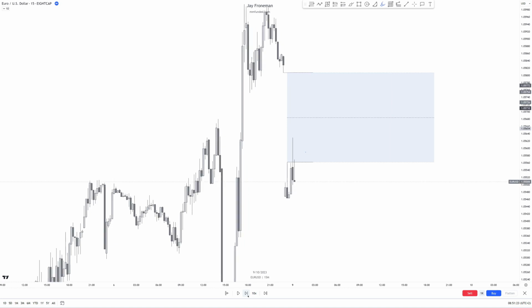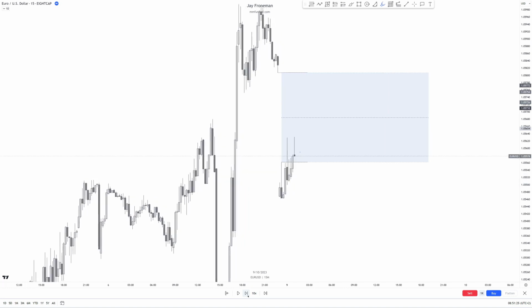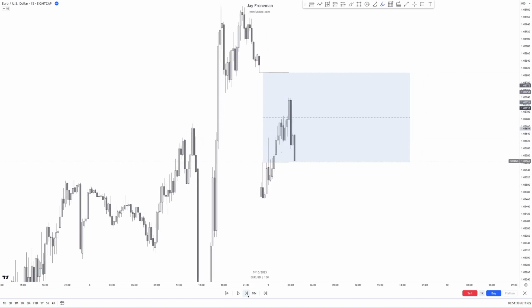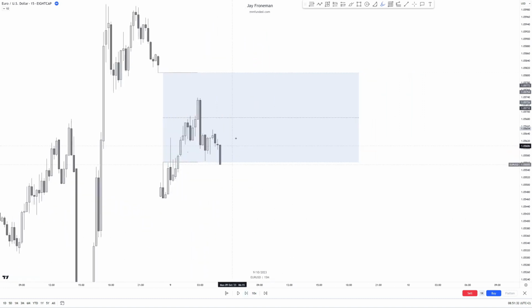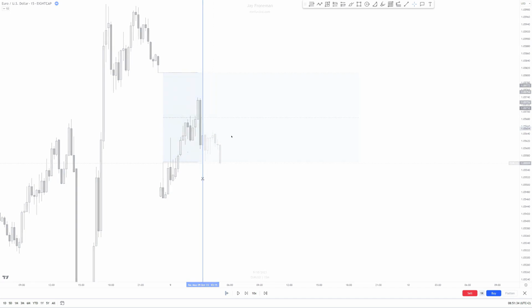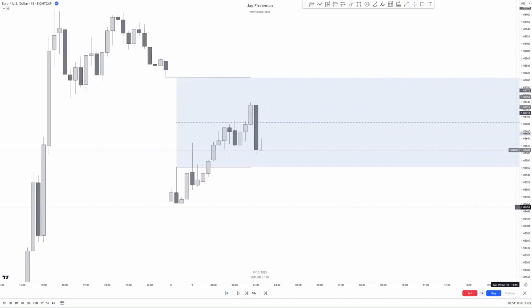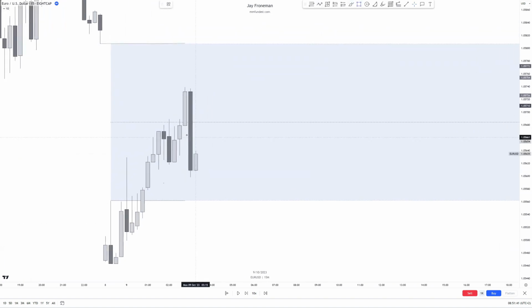All right, price pulling back, busy filling that volume imbalance gap, also mitigated the 50%. And take note of how after we've mitigated that 50%, we produced another confirmation of a candle 1, 2, and 3.